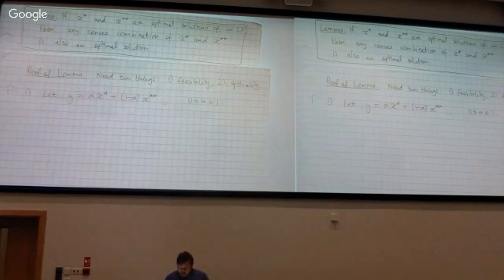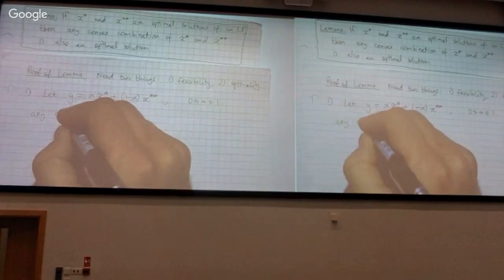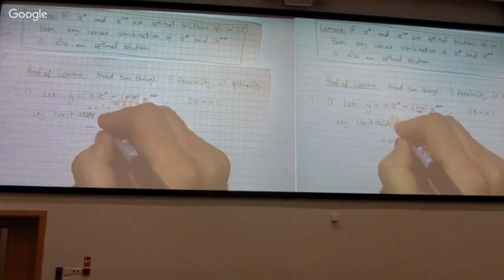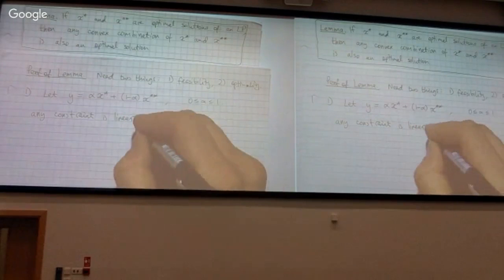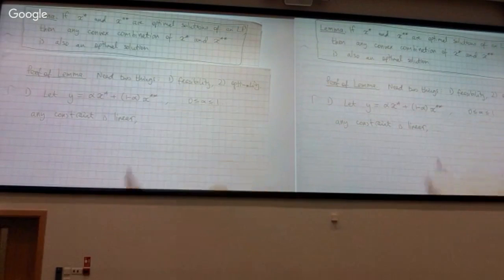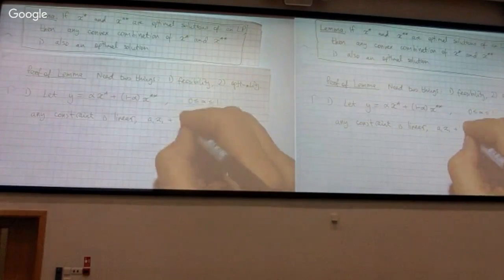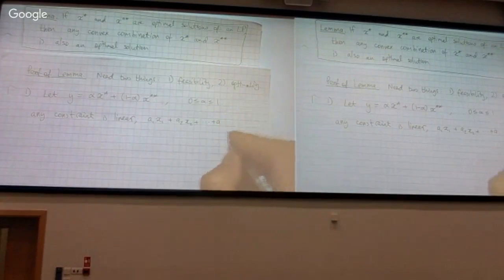A constraint is a linear inequality. So it looks something like a1 x1 plus a2 x2 plus ad xd is less than or equal to b, or greater than or equal to b.